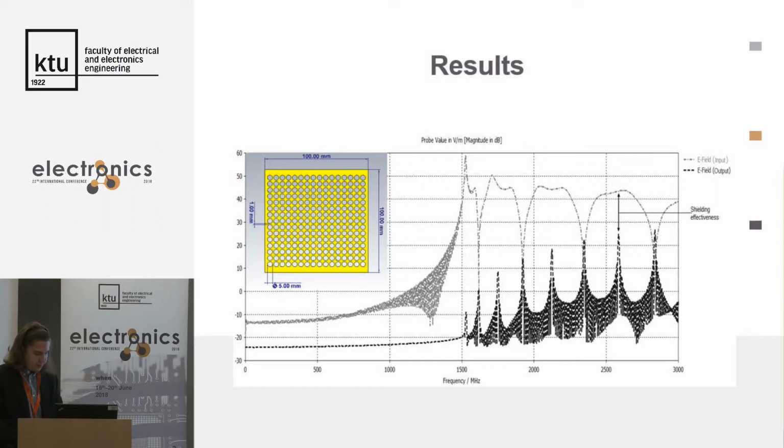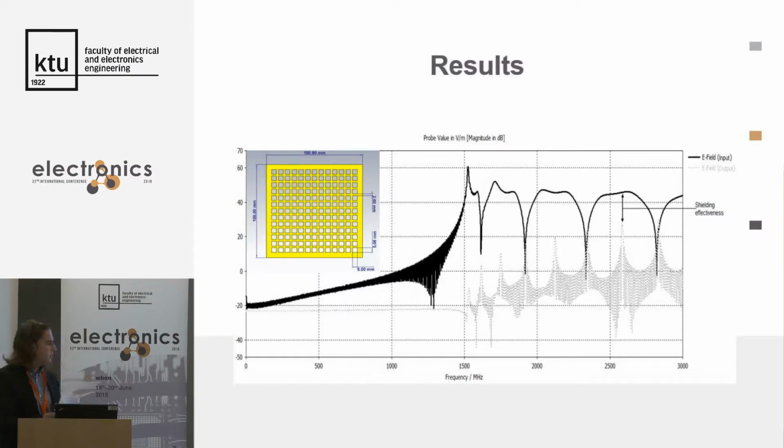This variant reduces electric field passage by 35 decibels volts per meter. The shielding effectiveness was calculated according to the IEEE standards, the ratio of input to output, the definition of shielding effectiveness, as you can see on the presentation.